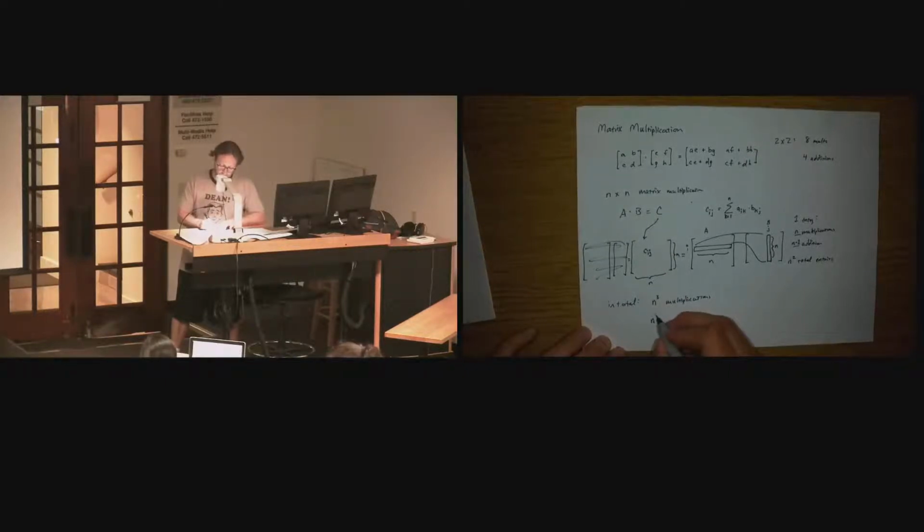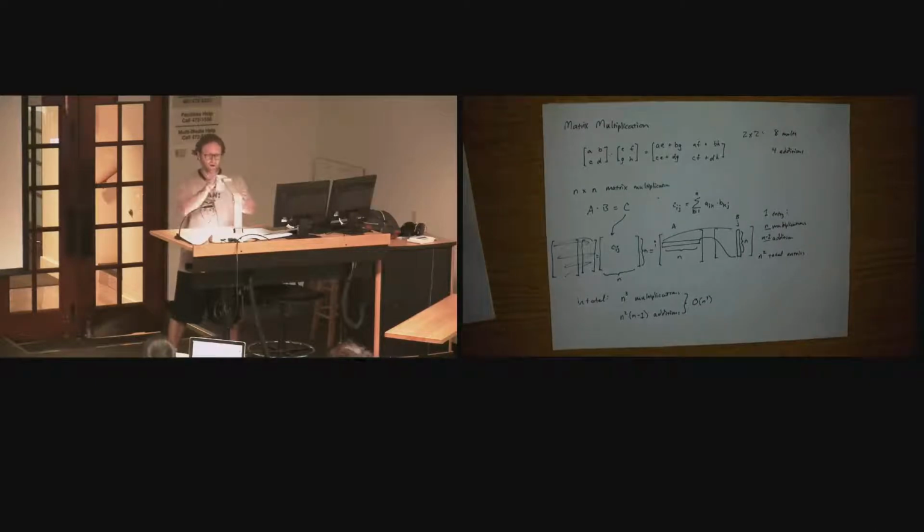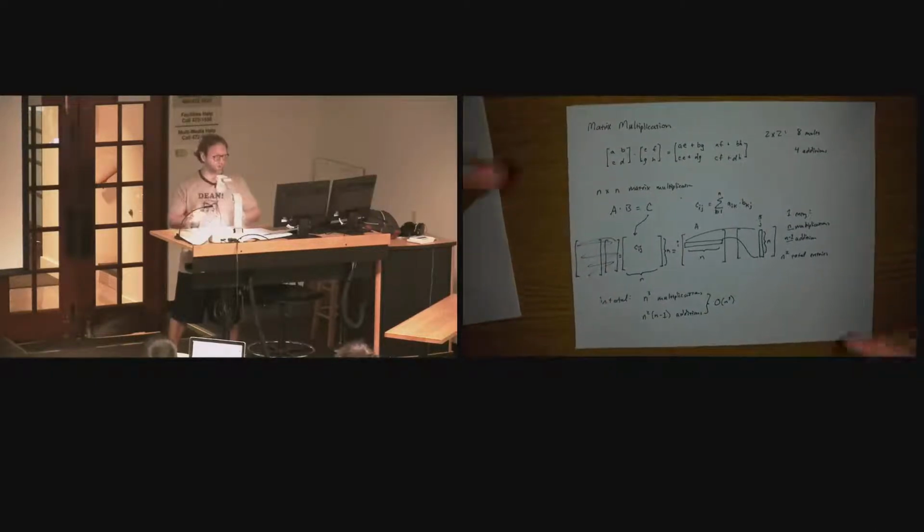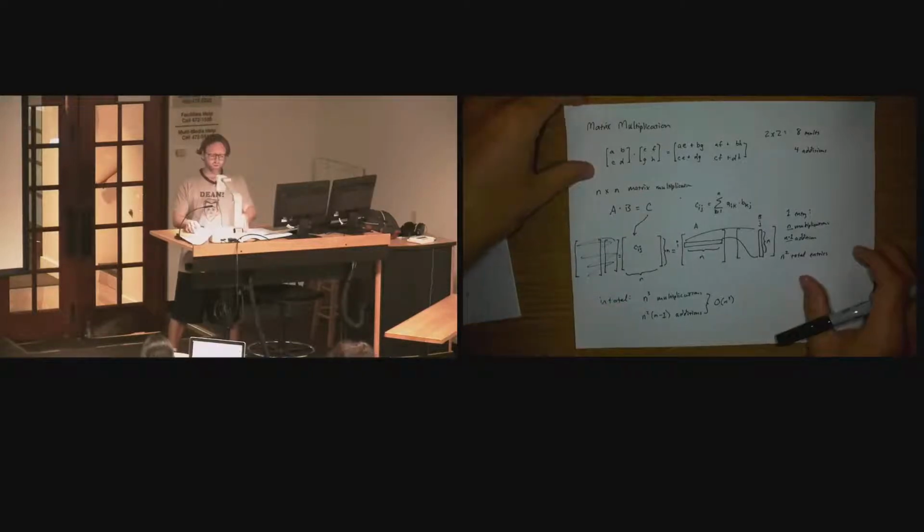So this is going to be n squared times n minus 1 additions. At the end of the day, both of these are going to be order n cubed. Right? So not that great of an algorithm, but that's what it takes maybe to do matrix multiplication.